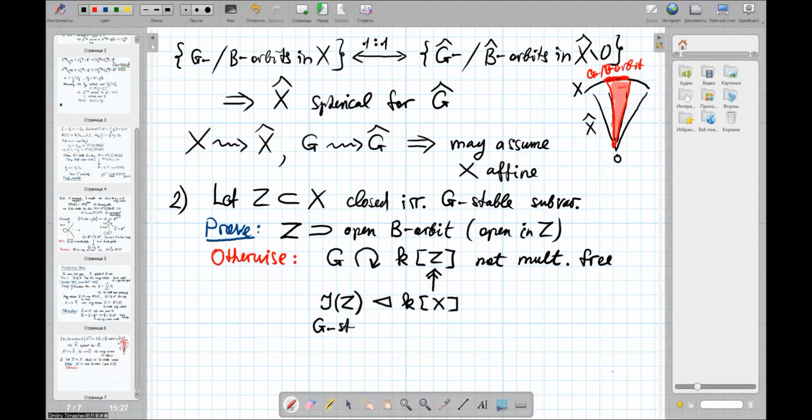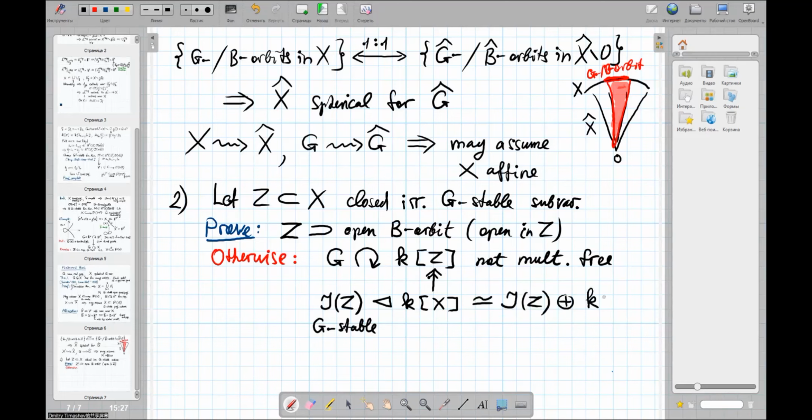It is a G-stable subspace in this coordinate algebra. And by complete reducibility of representations of reductive groups, we can choose a complementary subspace, which is isomorphically projected onto this guy. So we have a decomposition of the coordinate algebra of X as the direct sum of this vanishing ideal and some complementary subspace, which is isomorphic to K of Z.